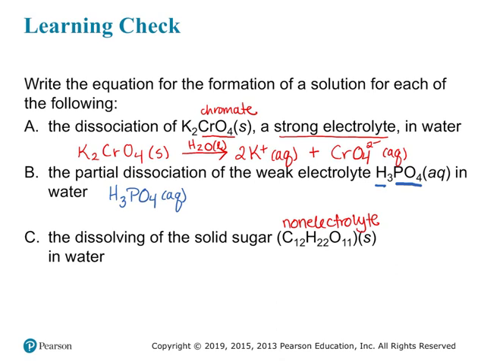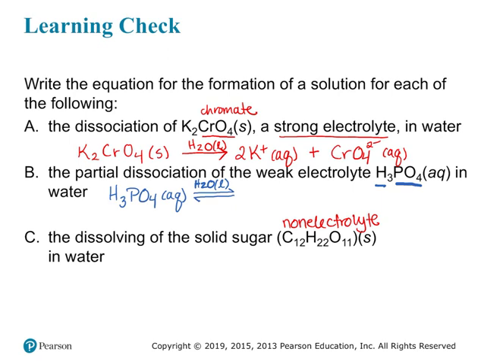All right, so typically acids are present in an aqueous solution. Now, if this is going to partially dissociate, we want to show a double arrow. Because remember, weak electrolytes will form some ions, but those ions can recombine to form the original molecule. All right, so this is in water. So there's a couple different ways you could write this.